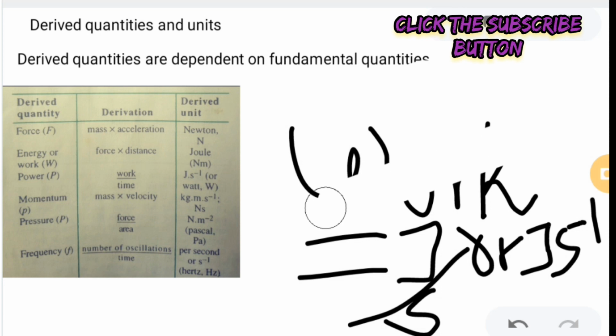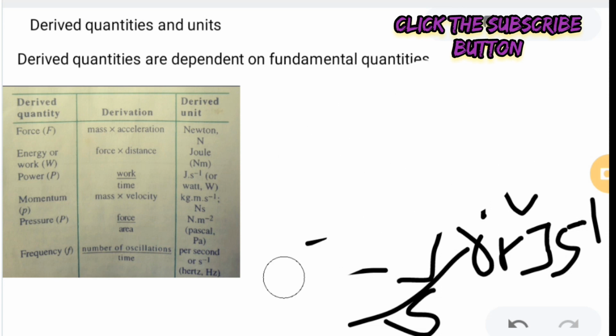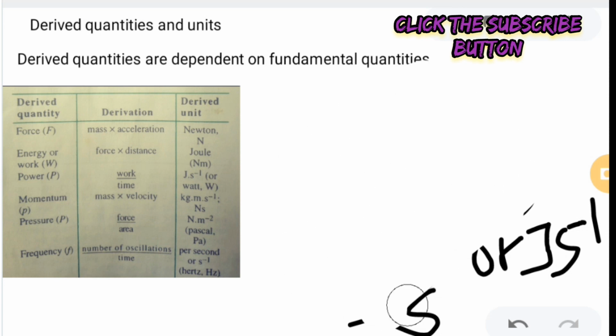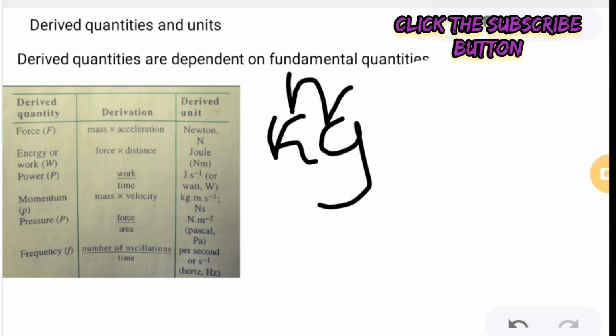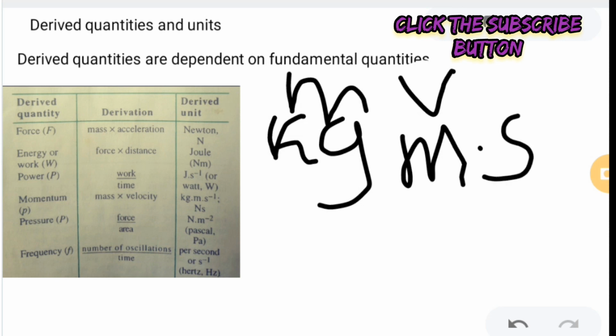So momentum is mass times velocity. Our mass is in kg, then velocity is meters per second.